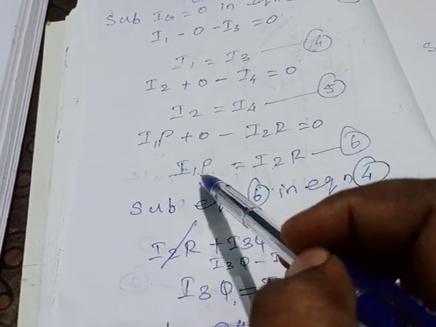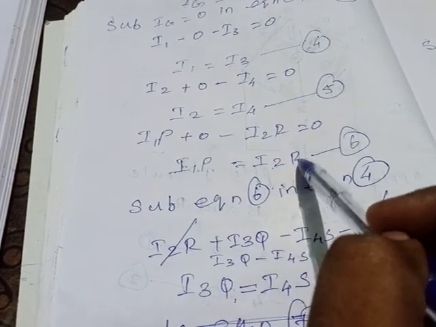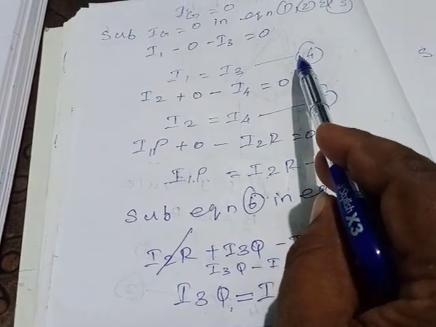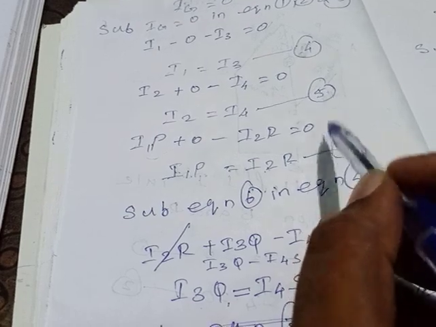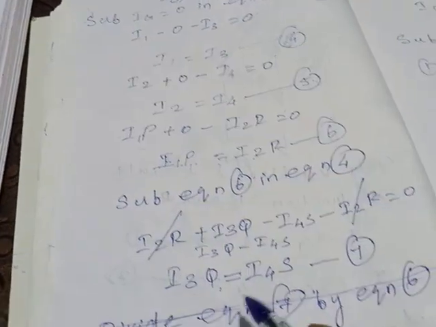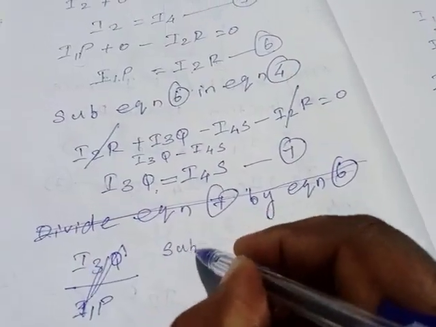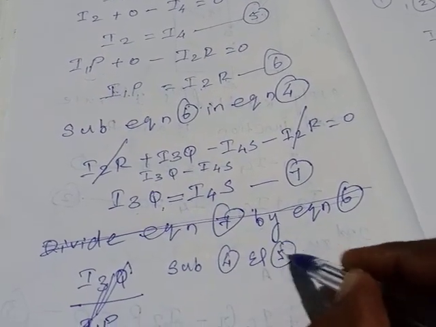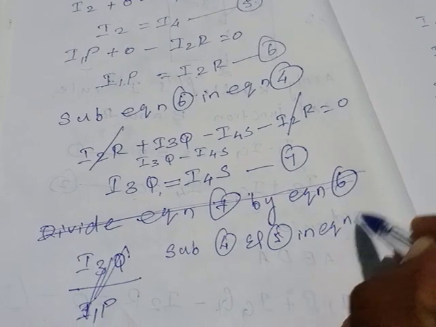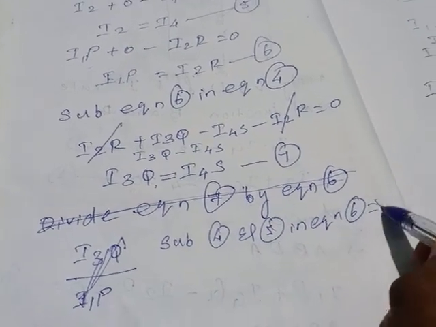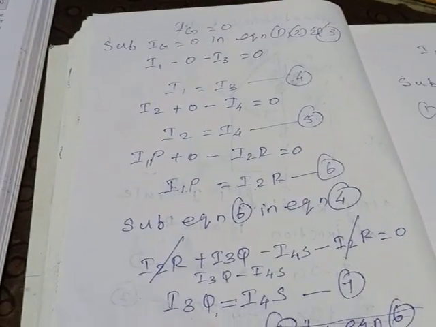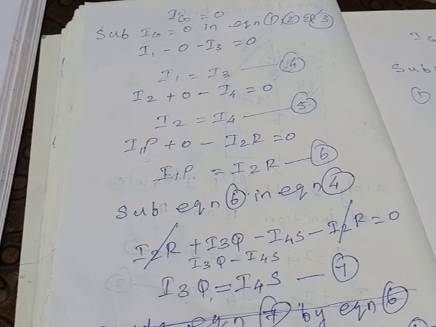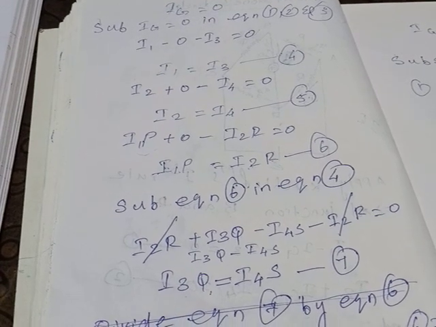So here I1P, here I2R. Now what you have to do means you have to substitute 4 and 5 in equation 6. So 4 is I1 equal to I3. 5 is I2 equal to I4.